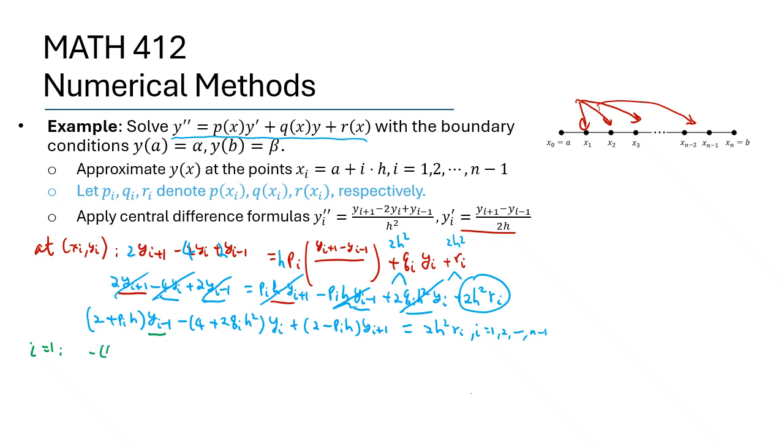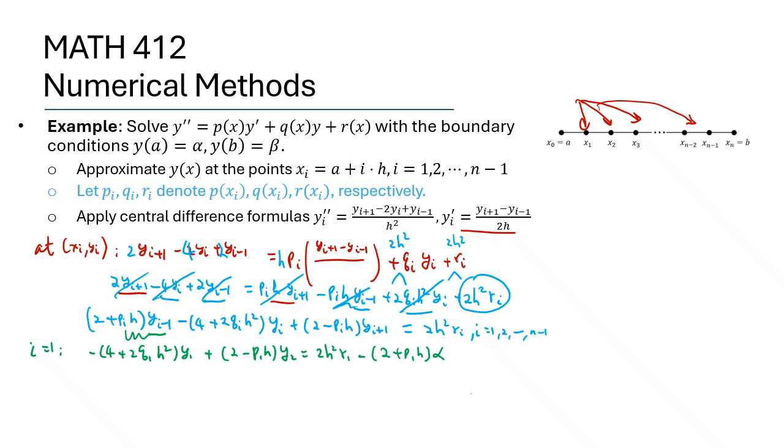That's negative 4 plus 2 q1 h squared, times y1, that's the second term. And the third term is 2 minus p1 h, times y sub 2. That equals 2h squared r1, and this term we move to the other side: minus 2 plus p1 h, times alpha. Y of a is alpha, not y of 0.